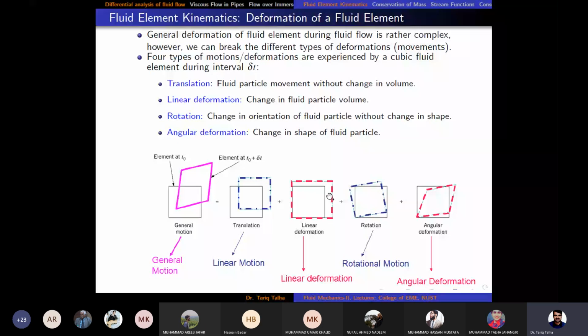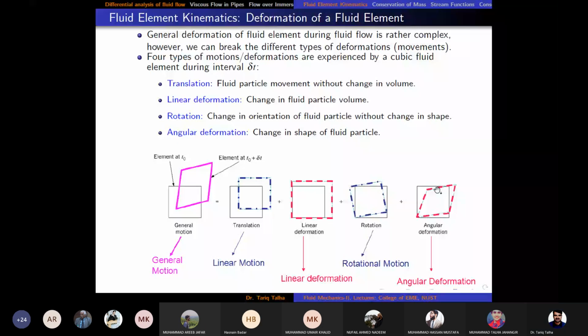Now the second point is, what is the difference between linear deformation and angular deformation? In linear deformation, it remains kind of a square, but for angular deformation, the shape of that object has also changed.